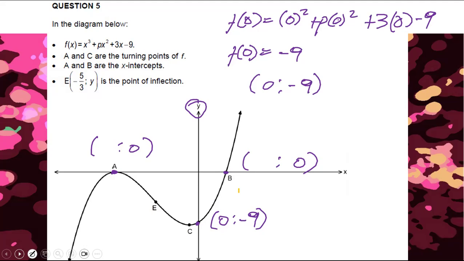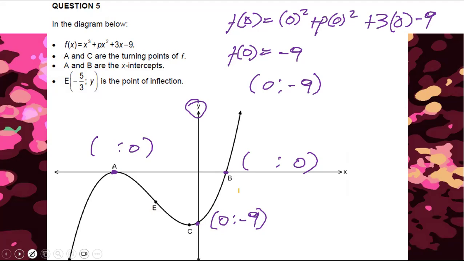And then obviously to find the y coordinate, you always go back to the original equation. You substitute the x value that you found into the original equation to determine the y coordinate of that corresponding x value. All right. So whenever you're dealing with functions and you need the y coordinate, you always substitute the x value into the original equation. Guys, you need to know what you're doing here.